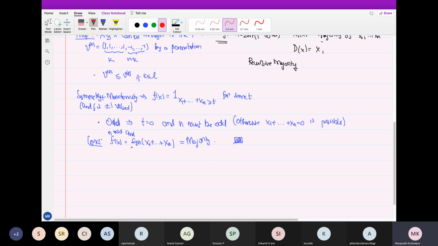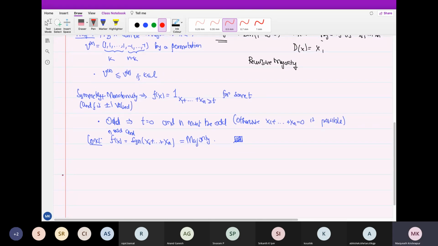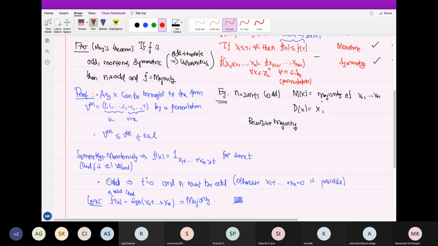Okay, another nice property. That should be 2 times indicator minus 1, right? Since f is plus minus 1 valued, I should write it that way. The indicator takes values 0 and 1.